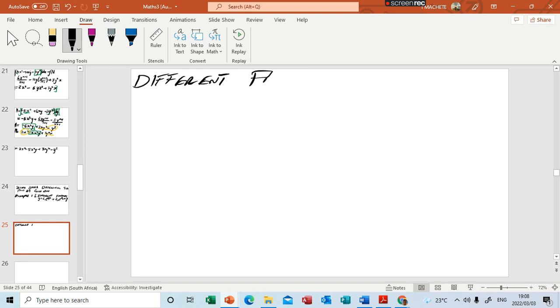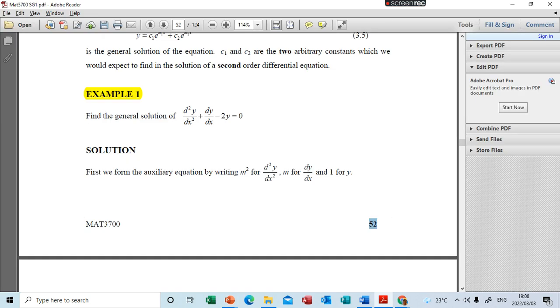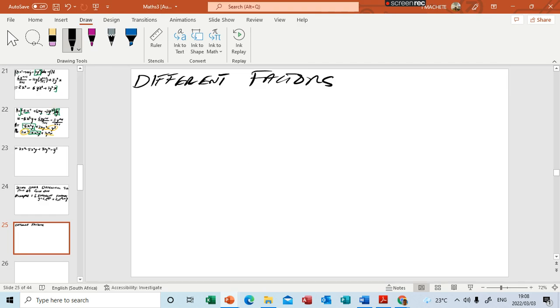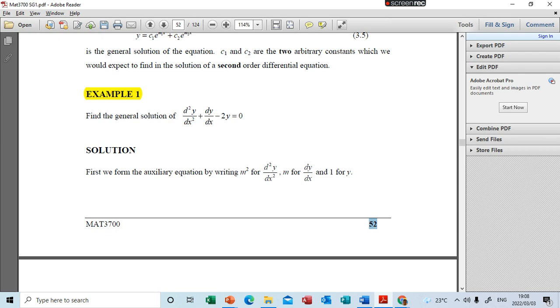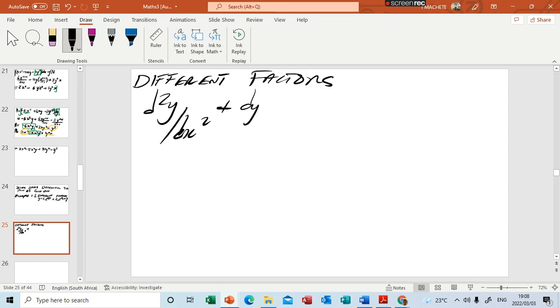So we've got different factors for this one. So this example on page 52, it's normally written like this, but then you have to change it to auxiliary. So you have to change that equation to auxiliary. There's a lot of examples. I'm just showing you this one. I will do a lot of examples focusing on this one. So, and this one, guys, it's equated to 0.